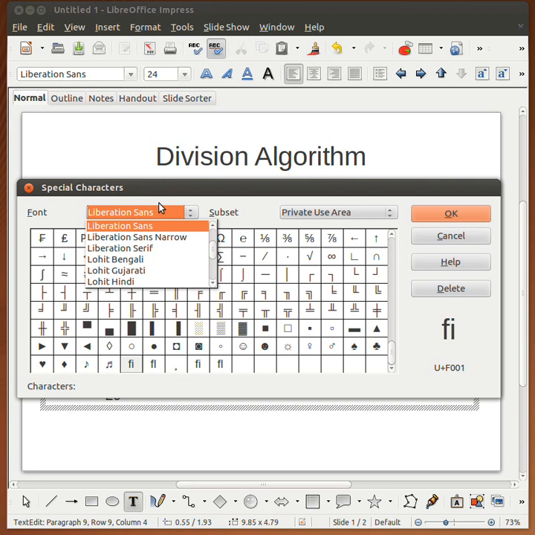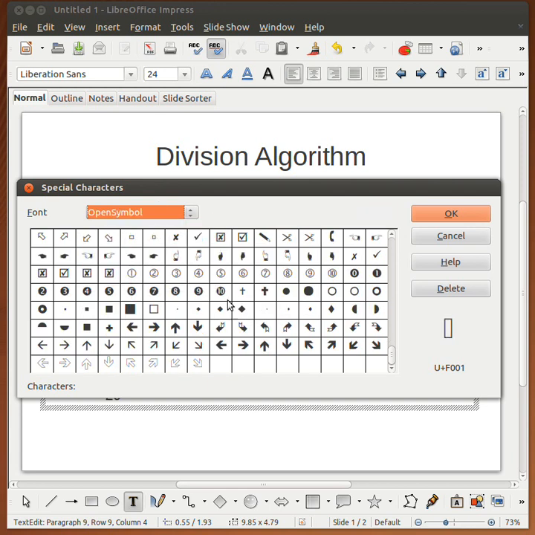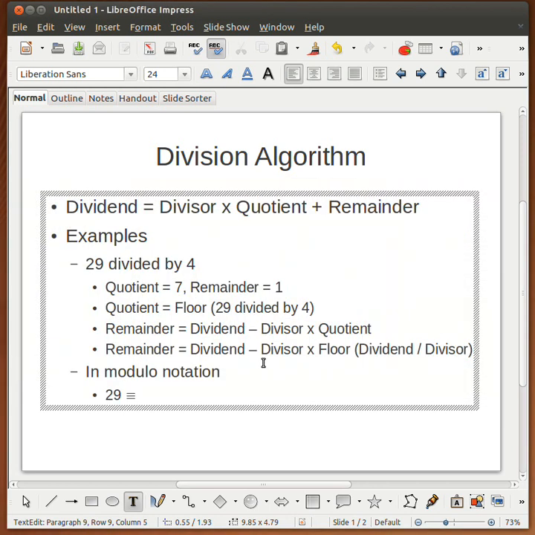I'll need to pull it from the open symbol format, and it is the equivalent sign, this one. So 29 is equivalent to remainder 1 mod 4. You remember this one. This one is the modular way of saying it.